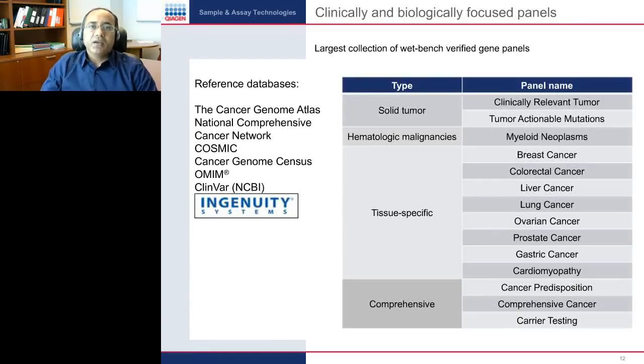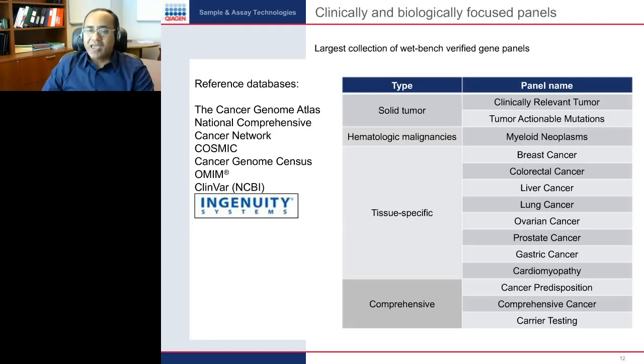QIAGEN has the largest collection of wet bench verified gene panels. As of today, we have 14 gene panels available, ranging from clinically relevant panels to a tumor actionable panel for solid tumors, and a myeloid neoplasm panel for hematologic malignancies.